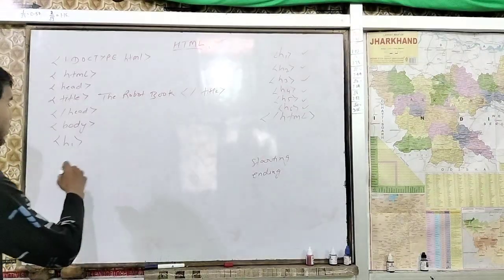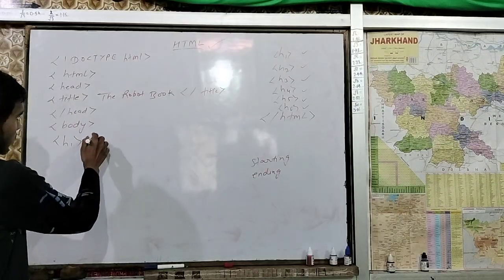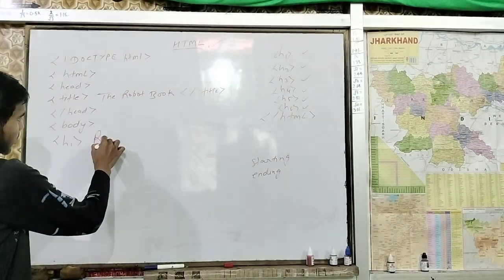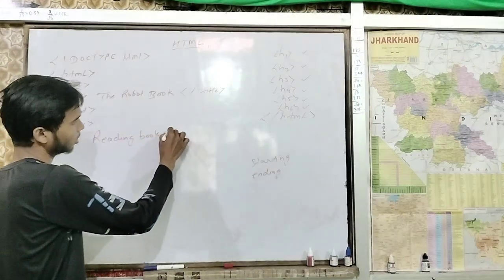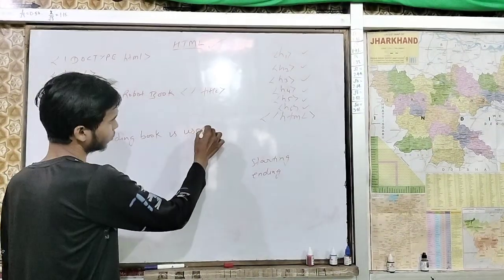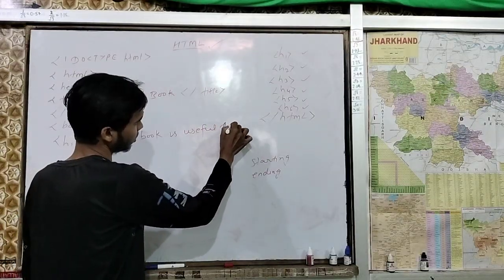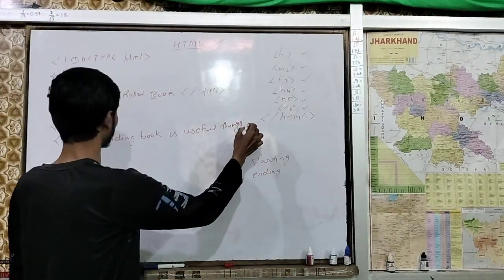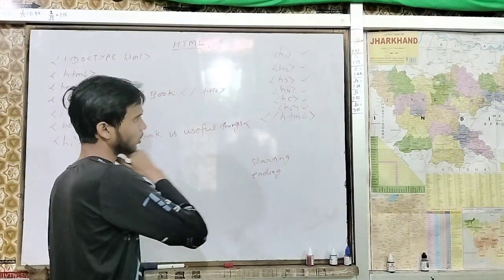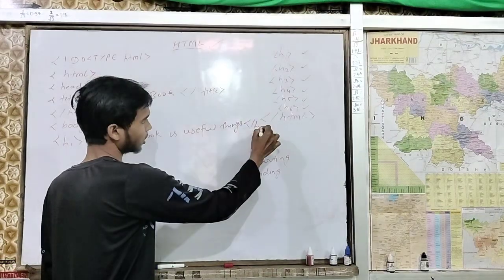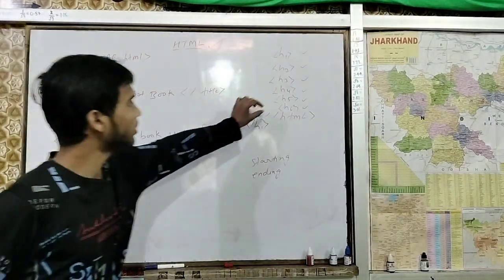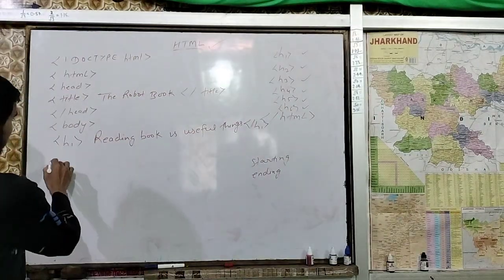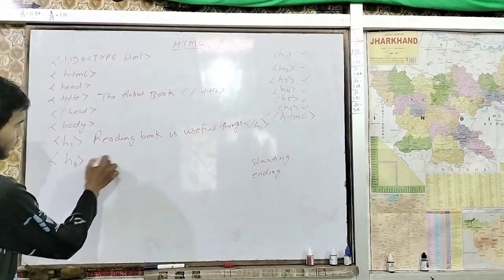For example, H1. So here H1, reading book is useful things, and then you will end this tag H1. What if we use H6? Then what will happen? So H6.